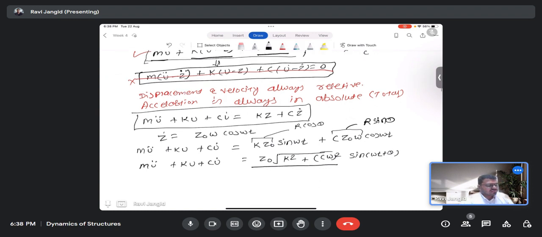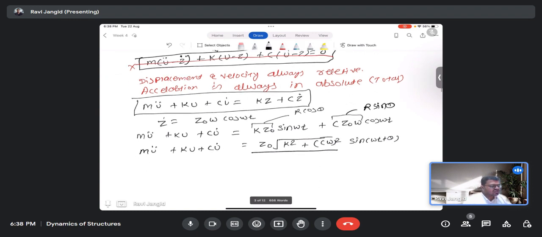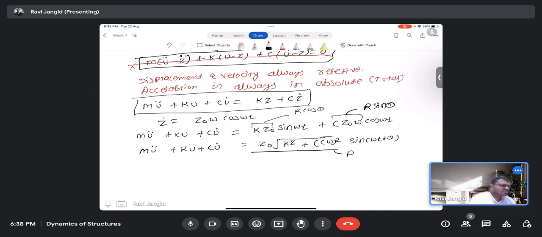Now for this kind of equation, what is your solution? What is the response u? We represent this as p.